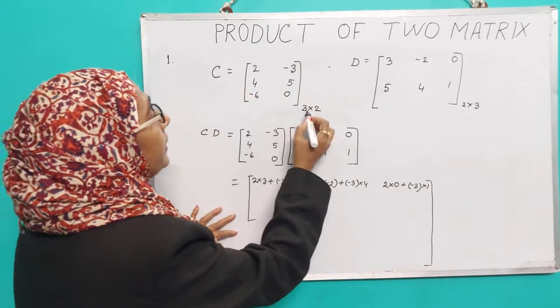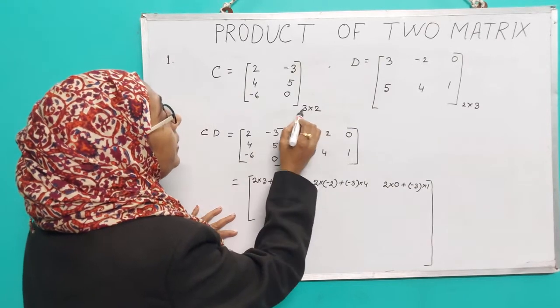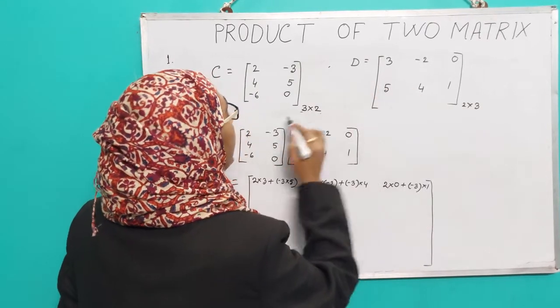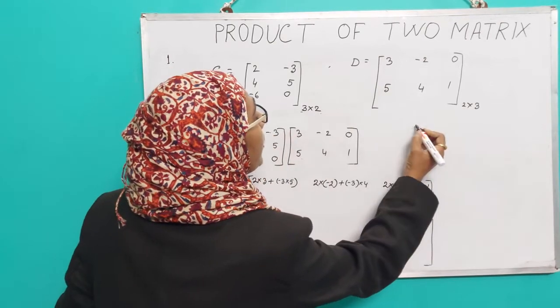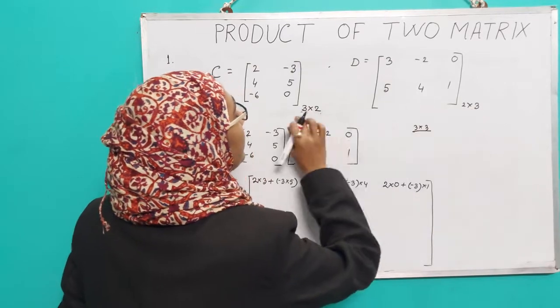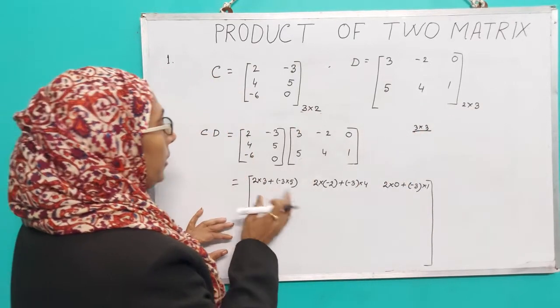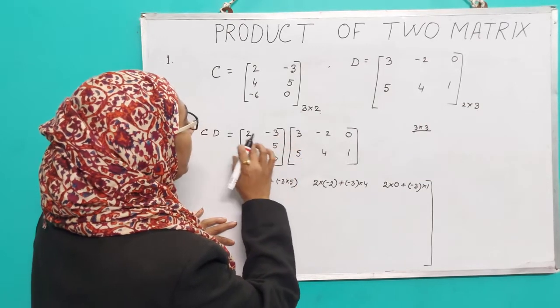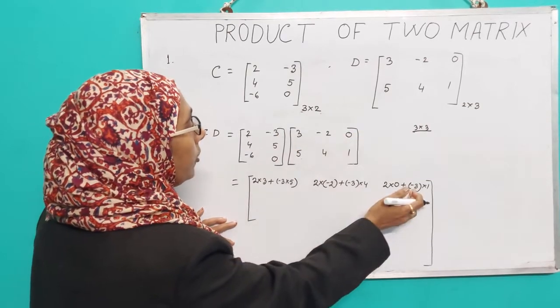And see, matrix C is of order 3 by 2 and matrix D is of order 2 by 3. Therefore, their product CD is of order 3 by 3, isn't it? So there is the A13 element, first row multiplied with third column.